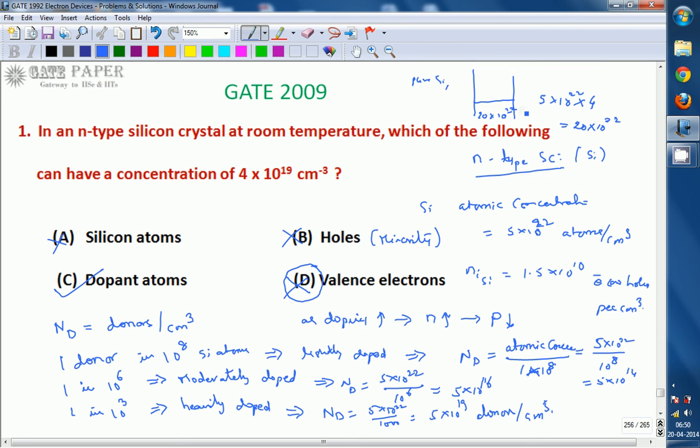This many valence electrons, in the range of 10 power 22, but what was given is 10 power 19. So D is also a wrong answer. Only the right option is C, dopant atoms. Thank you.